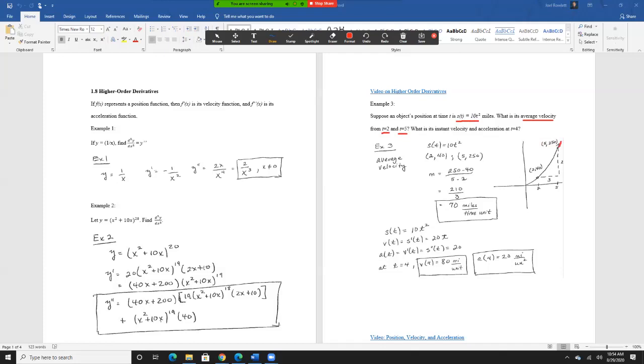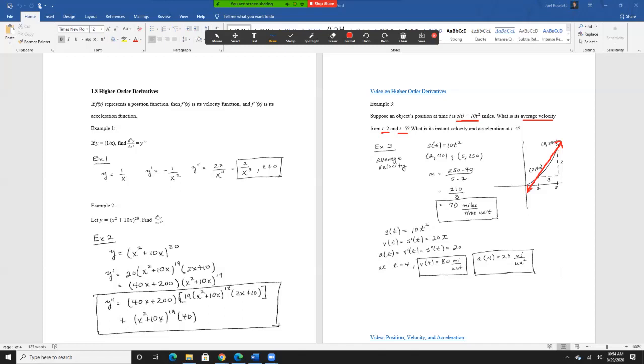So if I draw a line here between 2 and 5, if I were to find the slope of this line, then I would know the average velocity. And that's going to be the rise over the run.